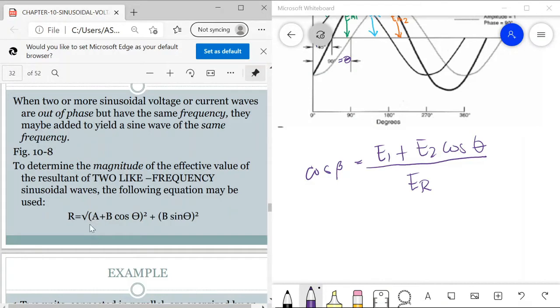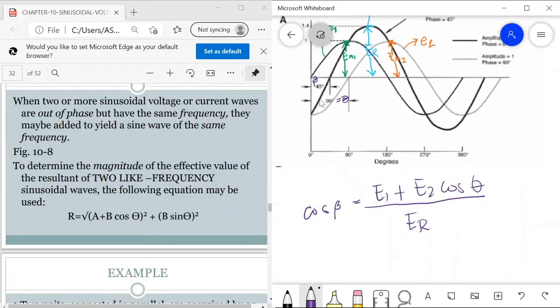Kung maximum. Also, this cosine beta, kung maximum yung ginamit mo dito na voltage, maximum yung lalabas. And also, in RMS, dapat RMS. Okay? Maximum. So, we can calculate cosine beta.